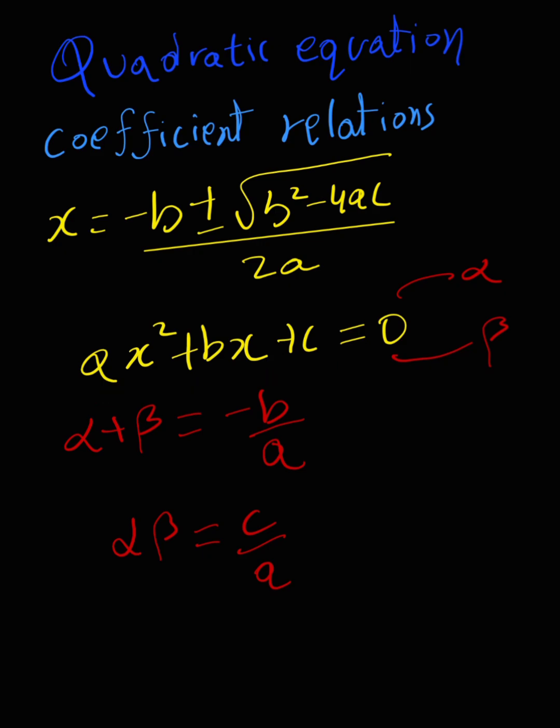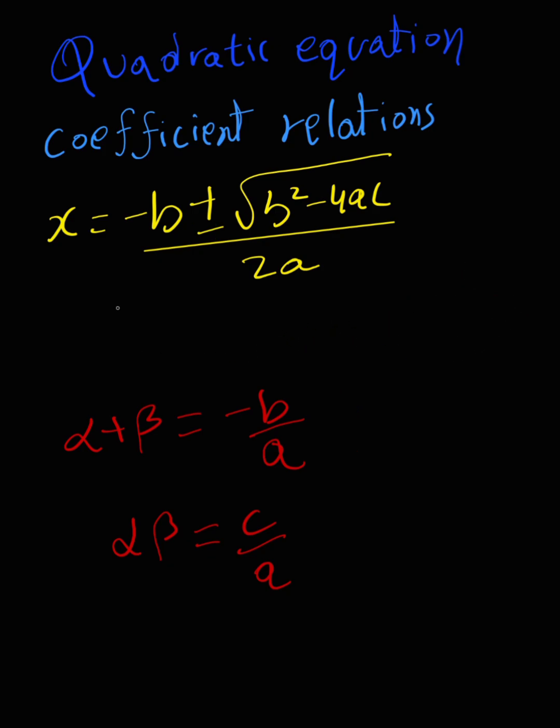Now if you want the proof, we can just add them. Let's say alpha plus beta. I know that one of the values will be minus b plus square root of b square minus 4ac, let's just call this D since we know this is the discriminant, upon 2a, and the other value is minus b minus root D upon 2a.